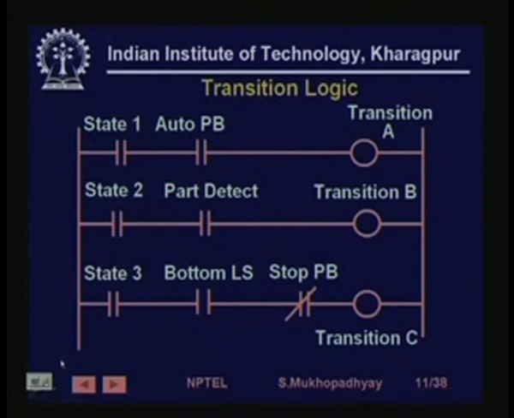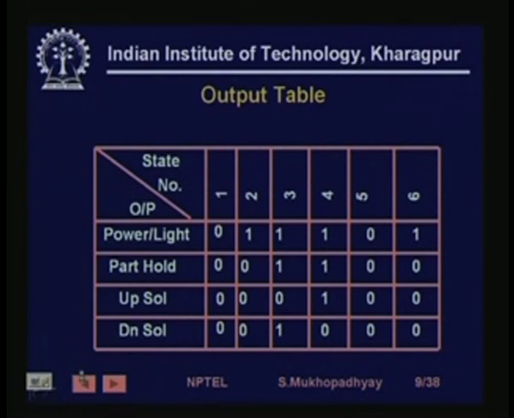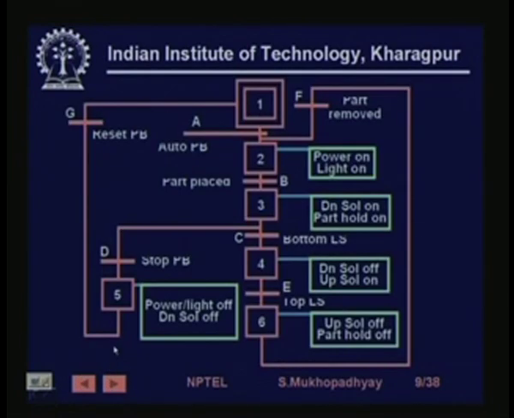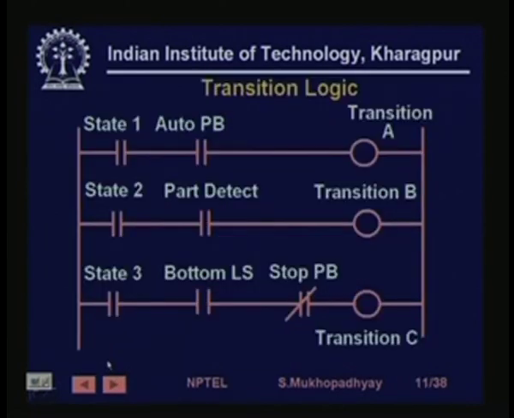If you wanted to see that, we could go back just for once. You see here, transition A takes the system from state 1 to state 2, transition B takes it from state 2 to state 3, transition C and D are in parallel, and could take state 3 to either 4 or 5. So, let us remember this and then go ahead.